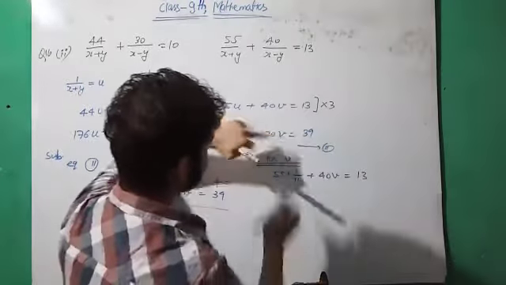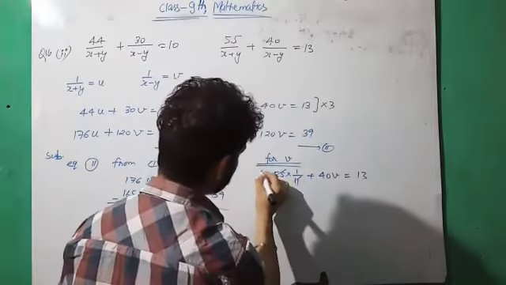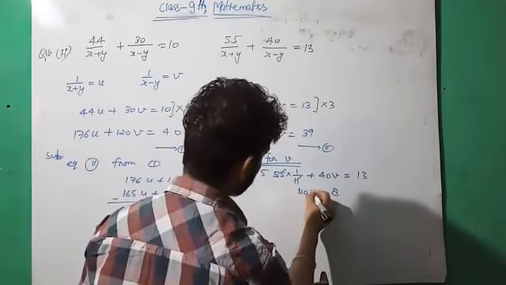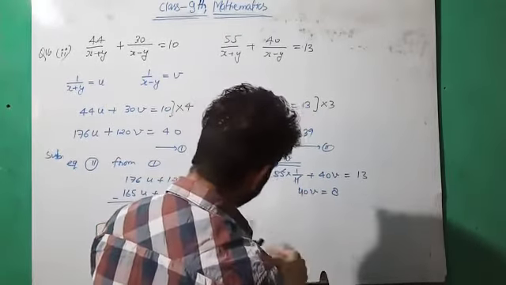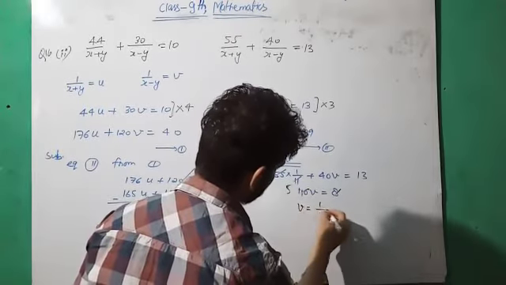You can choose any of the equations. So 55 by 11 is 5, and 13 minus 5 is 8. So 40v equal to 8, and the value of v equals 8 by 40, which is 1 by 5.